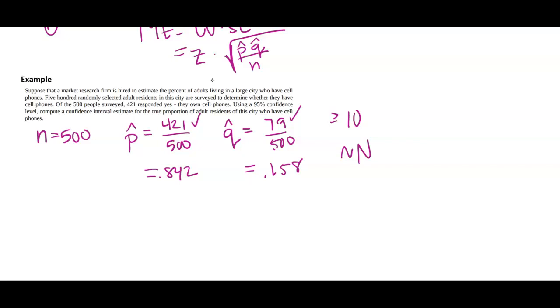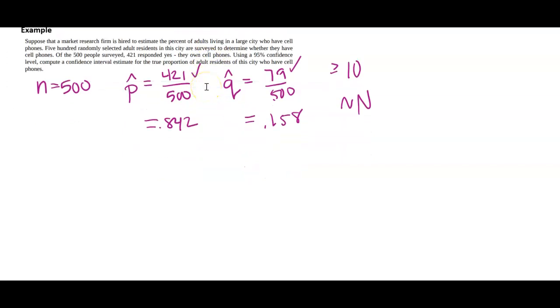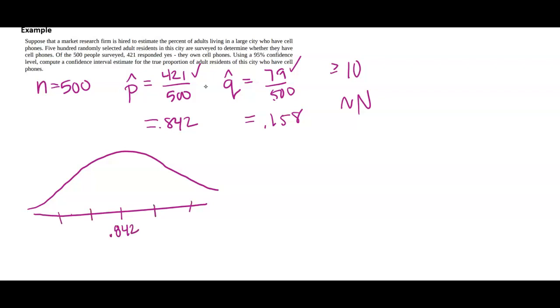Use a 95% confidence interval to estimate this. Now, with 95% and your normal distribution, we can estimate using the empirical rule. I know 95%, or pretty close to 95%, is going to be 2 standard deviations away, and then we'll use StatCrunch to get a little bit better of an approximation.